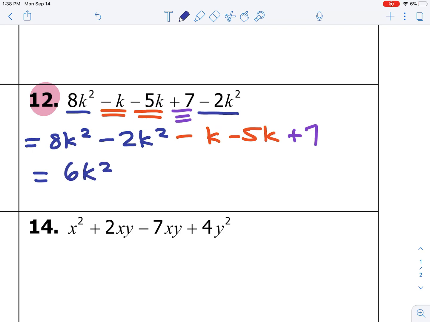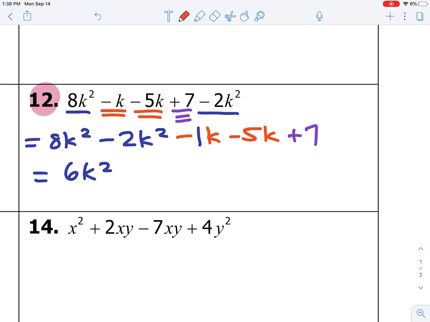8k squared minus 2k squared is 6k squared. Now, looking along at negative k minus 5k, we notice that there's not a coefficient that shows in front of k. So please remember that anytime there's not a coefficient that's there, it's an understood 1.